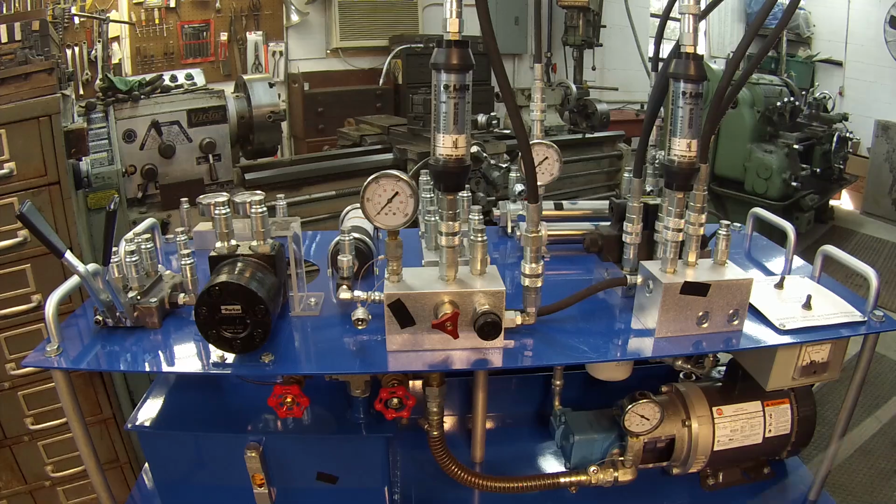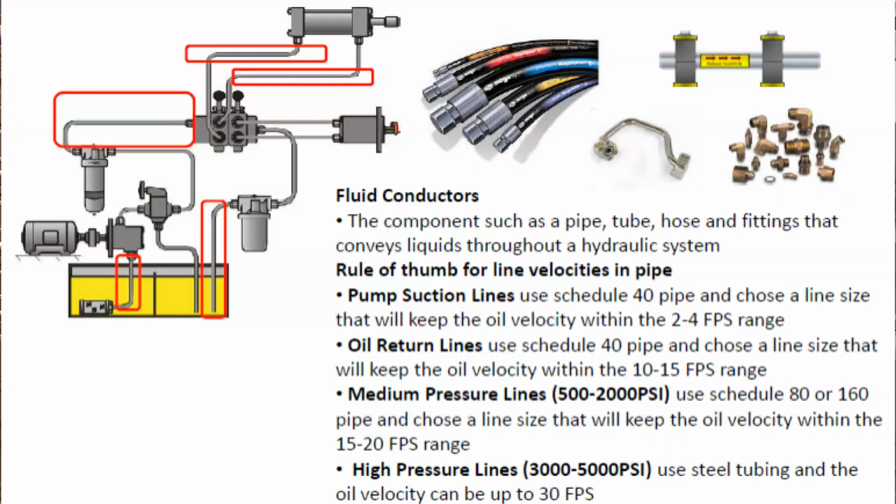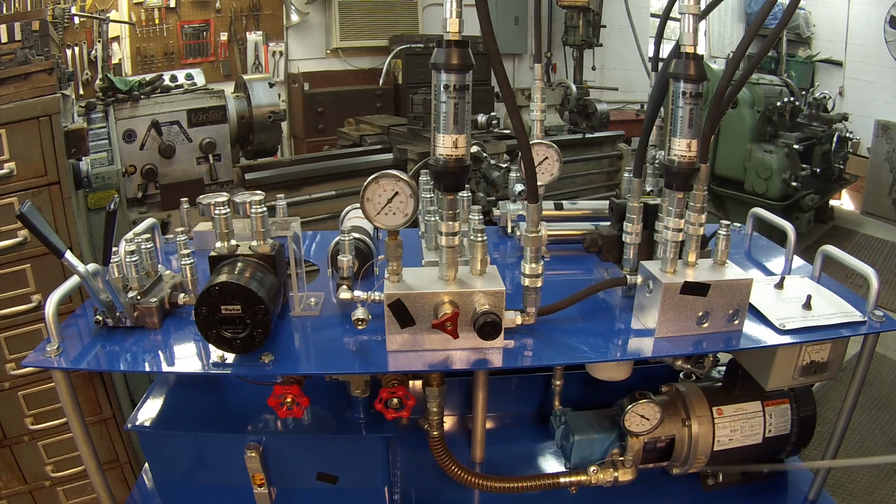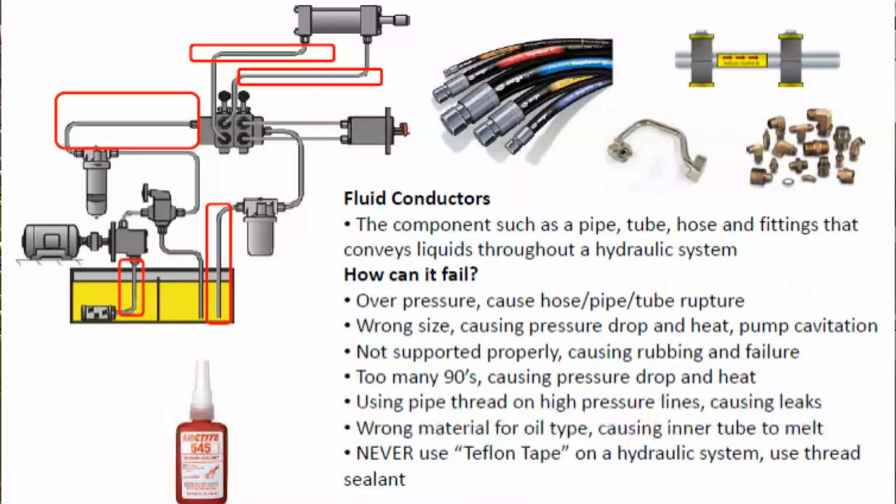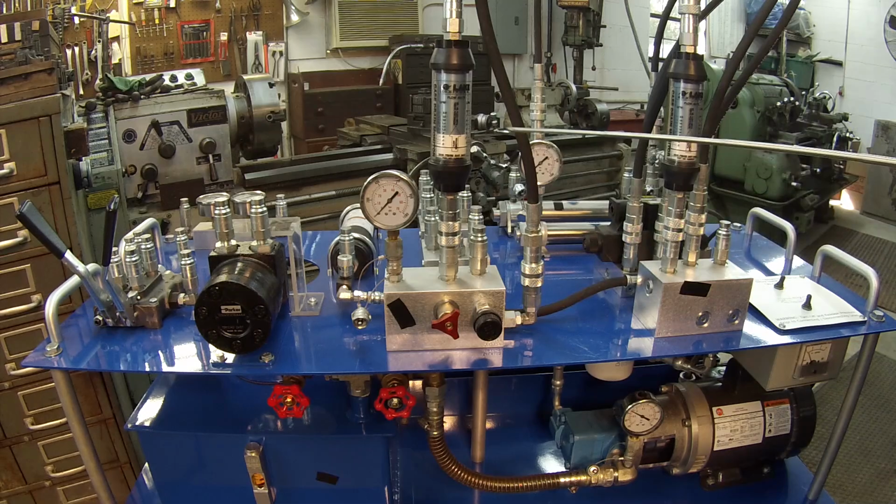Then the last one is your fluid conductors, which is your hoses, tubing, and fittings that connect all of these devices together to allow the fluid to move in and out properly. Some of the failure modes you can experience: overpressurization of your system, which I mentioned earlier, and these hoses actually blowing up or exploding.